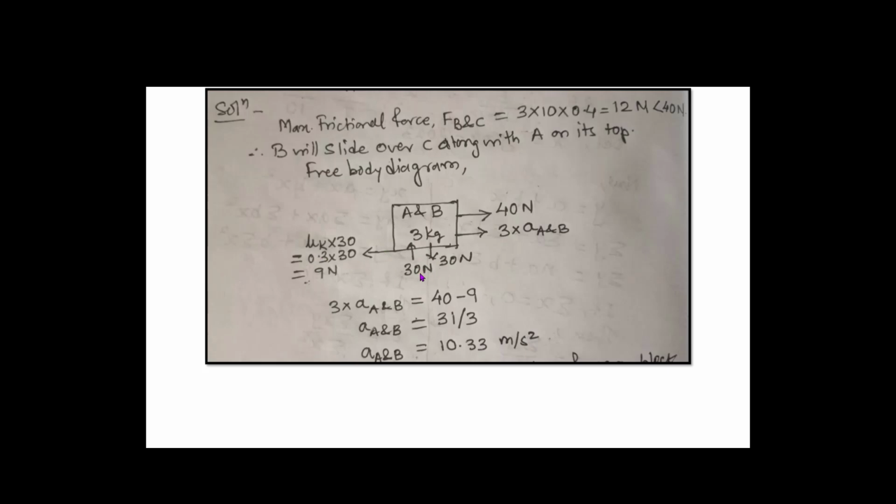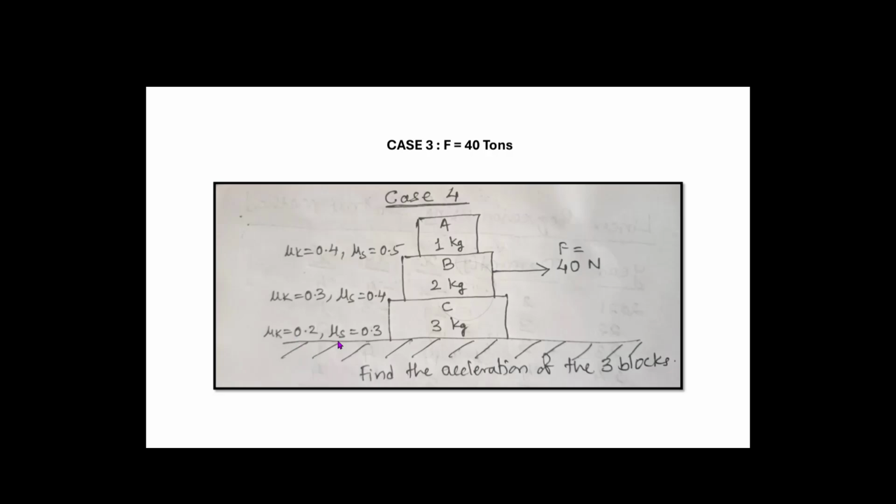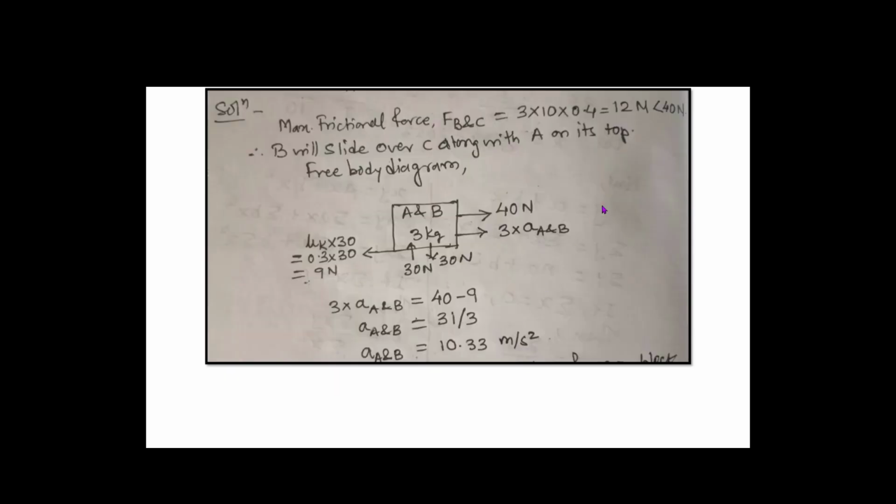Because of this 30 Newton, we multiply by the static coefficient, which is 0.4 between block B and C. When you multiply that, you get 3 into 10 into 0.4, which is 12 Newton.